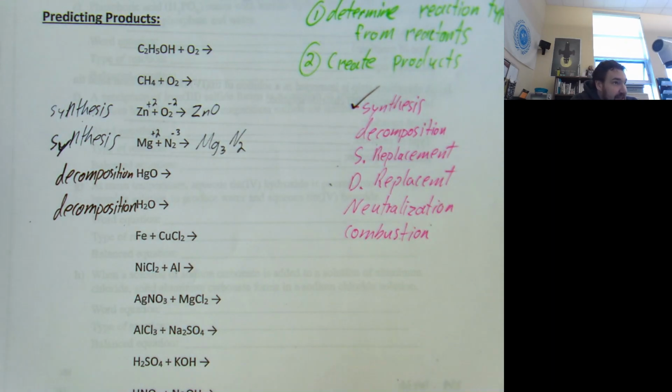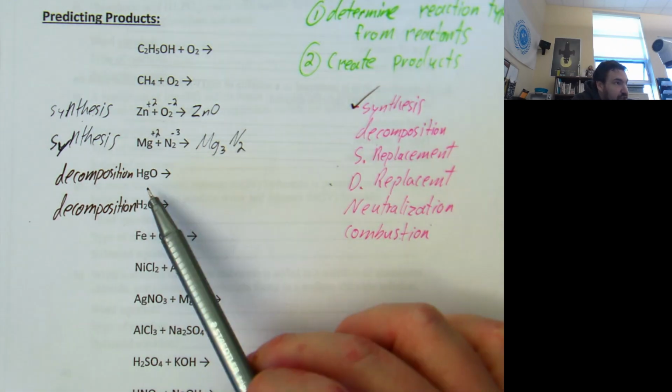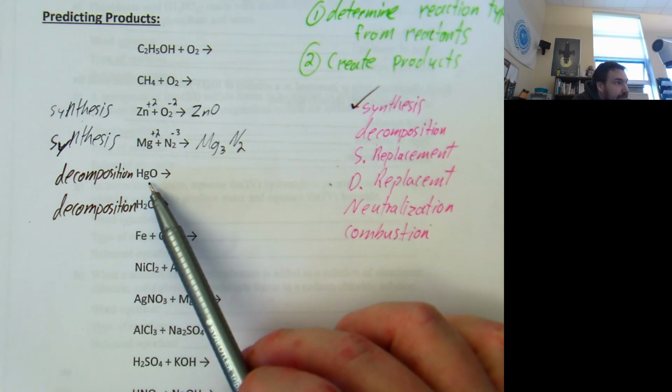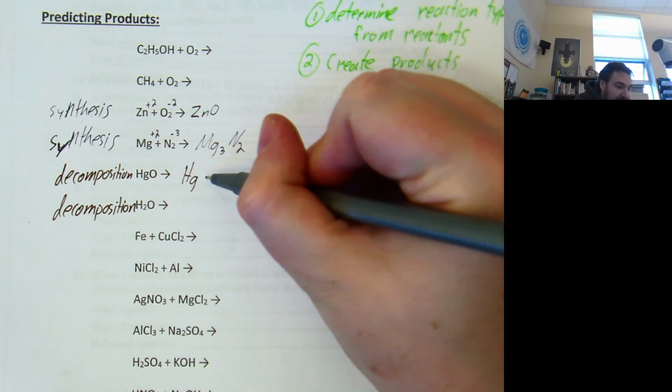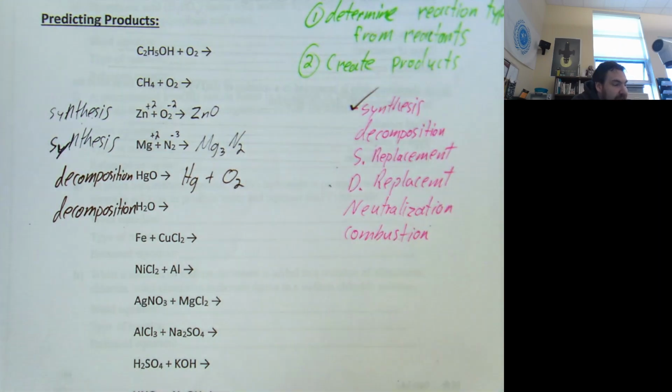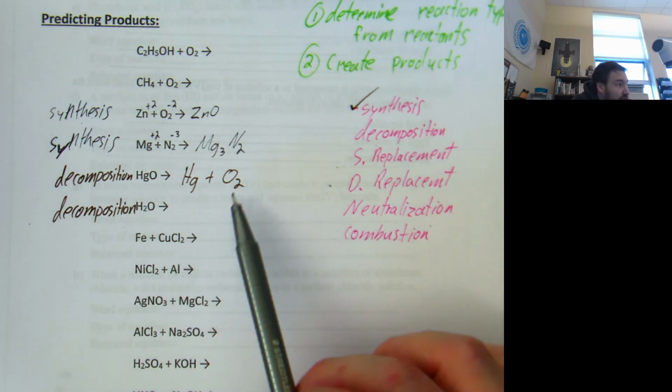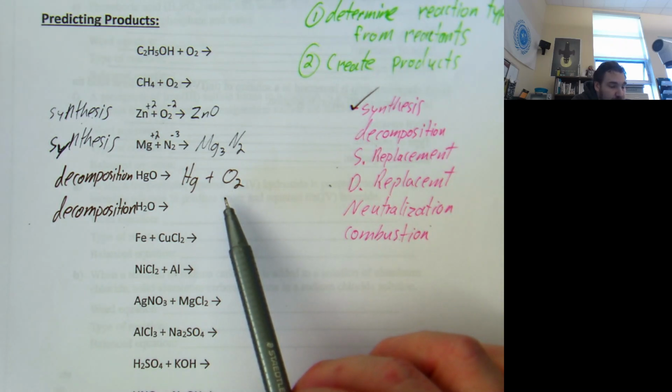When these things decompose, they just break whatever the one thing is down into the individual pieces. So HgO can only break down to what? Hg plus O2. Why is it O2? Yeah, because oxygen's diatomic. Cool.